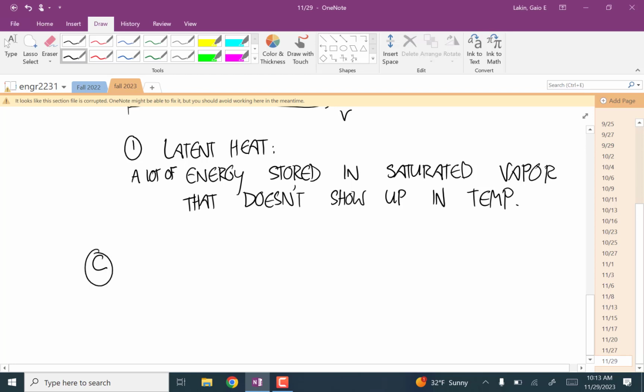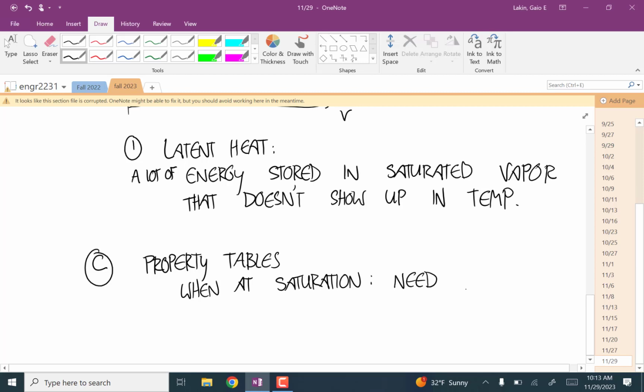We talked about property tables a lot. We use property tables a lot. When a substance is at saturation, you only need one property.